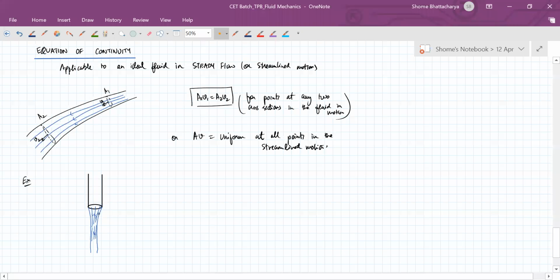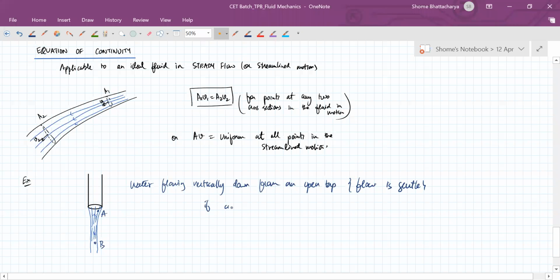So if I consider 2 points, water flowing vertically down from an open tap, but the flow is gentle. It is not at high pressure.